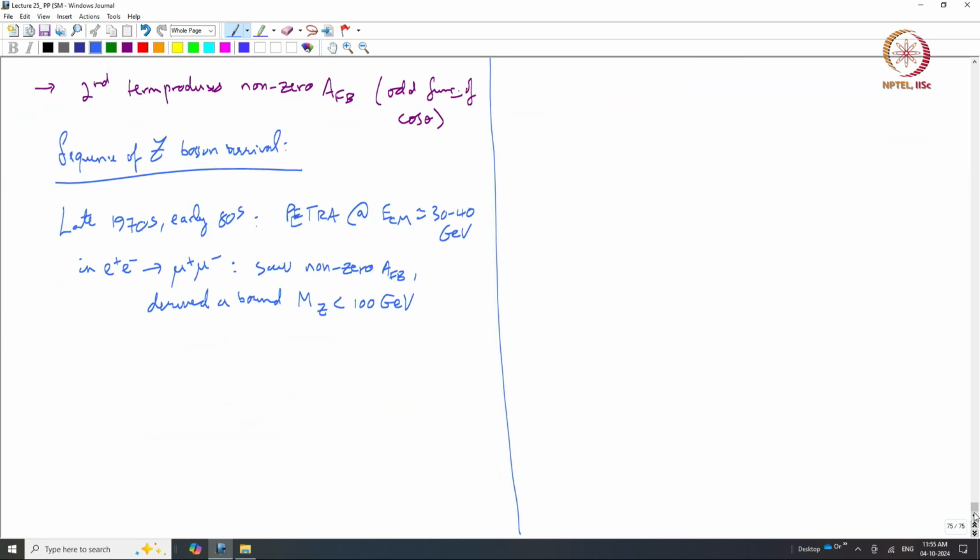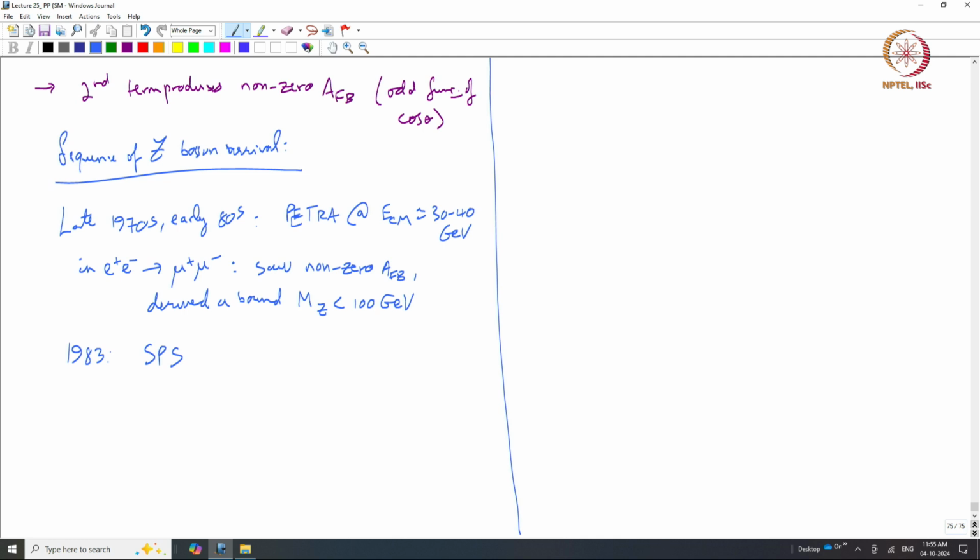Then in 1983, they explicitly built a collider called SPS. I think it stands for super proton synchrotron, but you can check this.